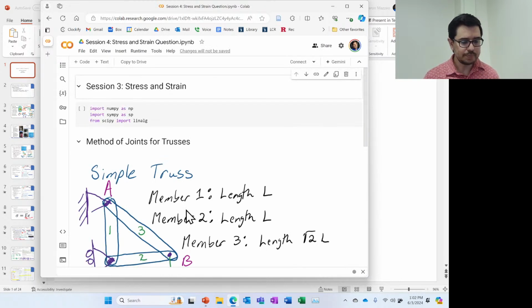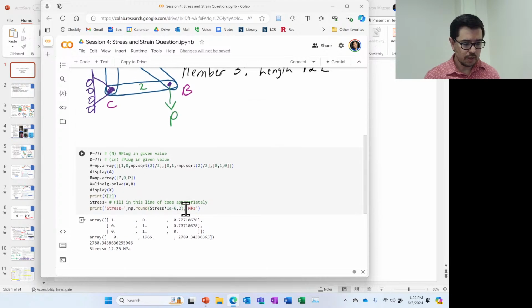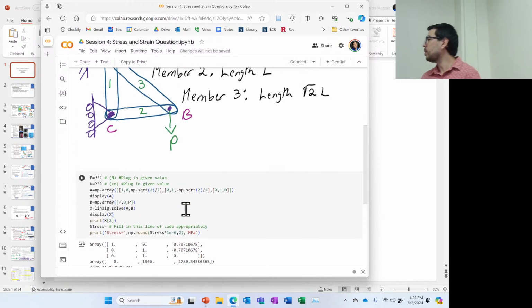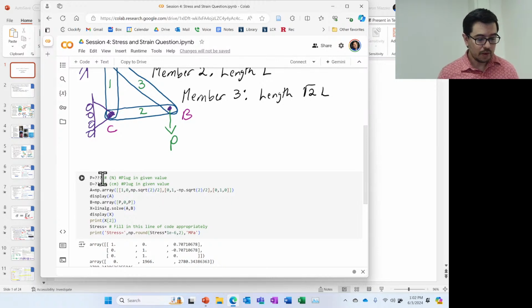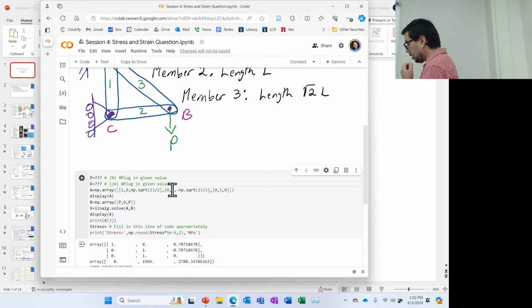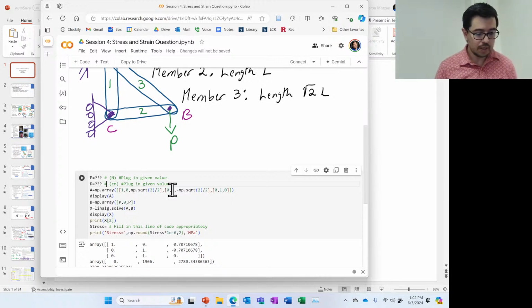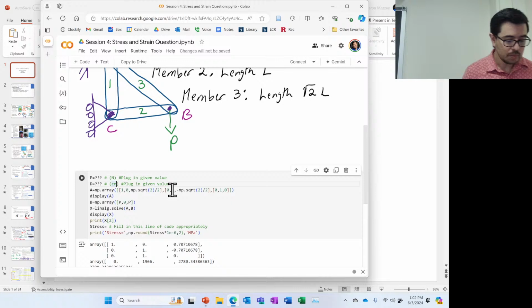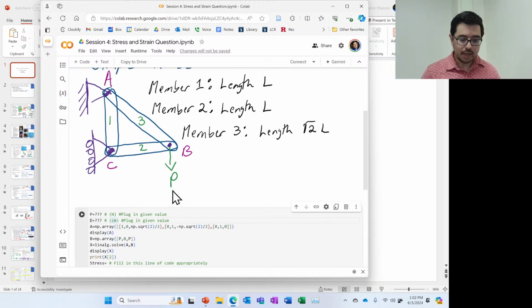All right, so for this, we need to put in a value for P, right? And that's just the value that's given. And D, the way I have it set up is that you can put it in centimeters, or you could opt to change it and put it in meters if you like. But for now, let's just assume that you're going to put it in meters.